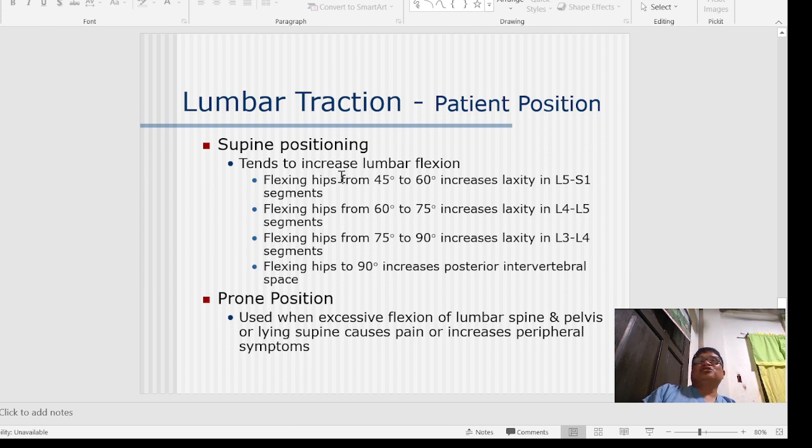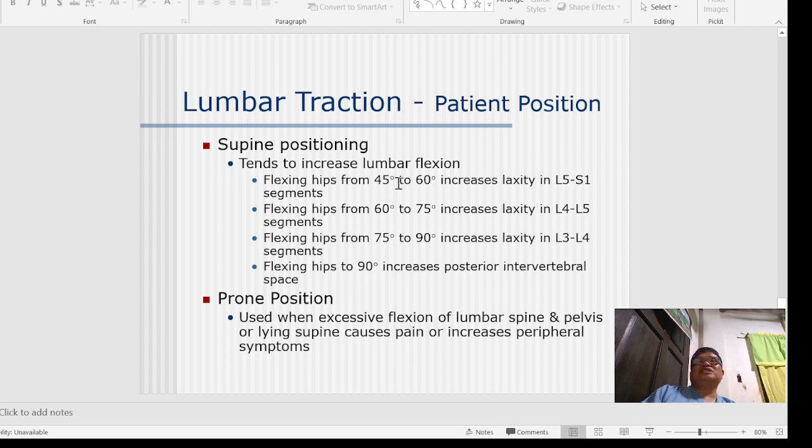So if ma-position imong patient nga naka-flex ang hip, pareha ni gina 90 man ni pagpatong niya, no. So pag-adjust nimo sa 45 to 60, gamay ang imong leg elevator, pwede siya ma-adjust nimo ang height. So 45 to 60, ito na siya L5 is 1, so lower.